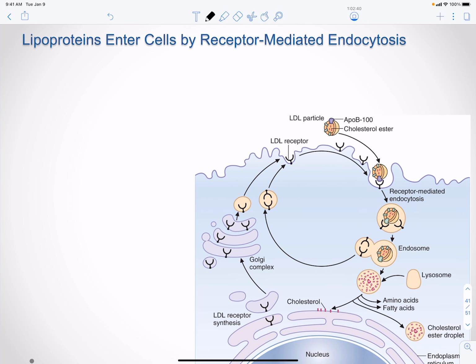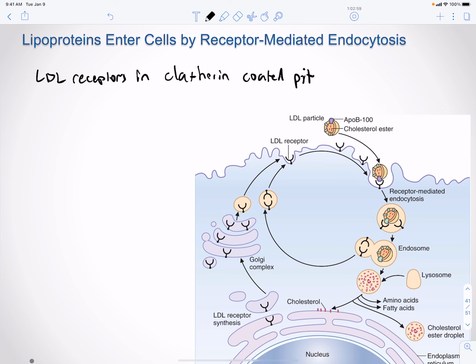The lipoproteins are going to bind to the receptors, and the receptors are going to be in your clathrin-coated pits. And these clathrin-coated pits are going to enable the uptake of the receptors by endocytosis.